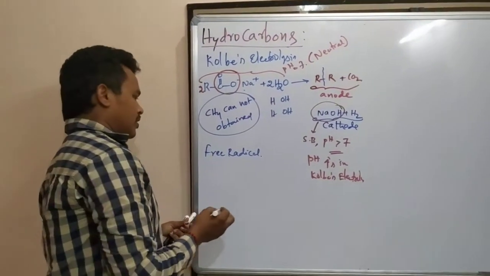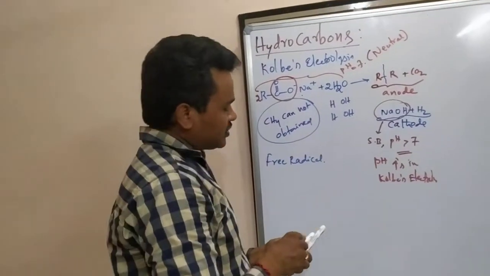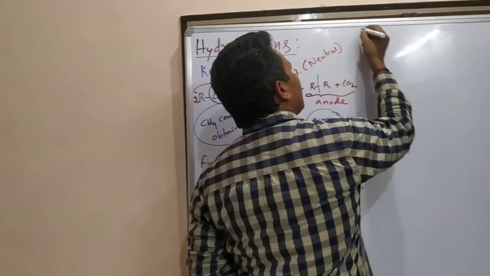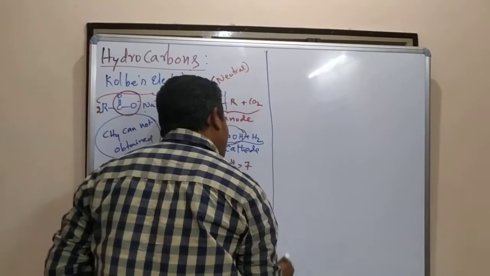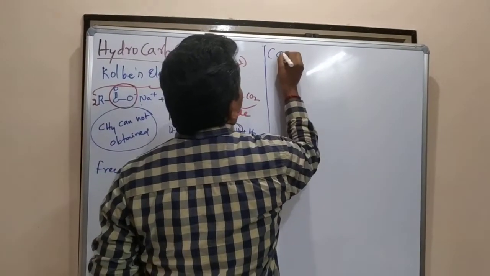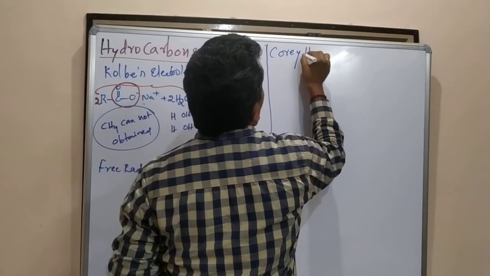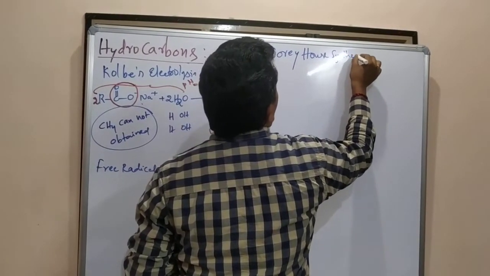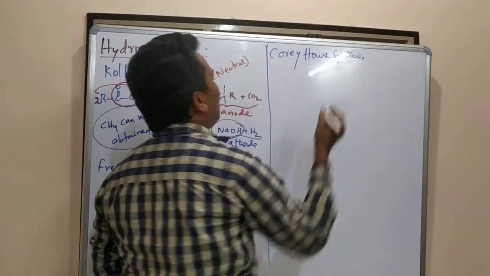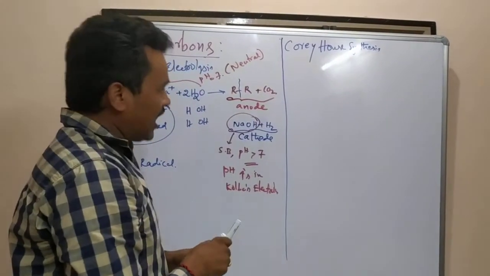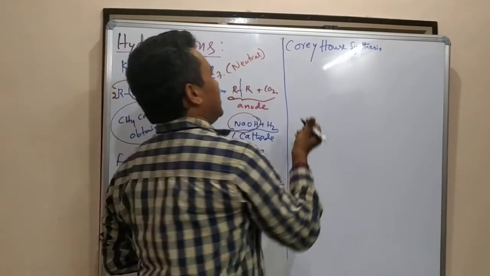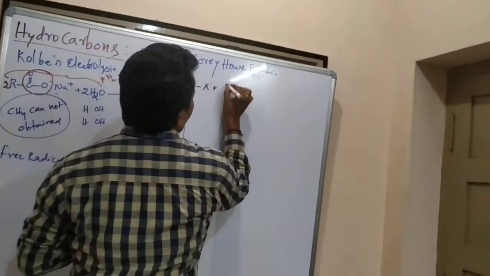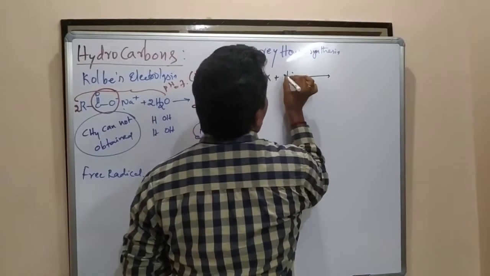And the next process here will be Corey House synthesis. Here, what I am taking is one alkyl halide. Here one RX with lithium, taking 2 times lithium.